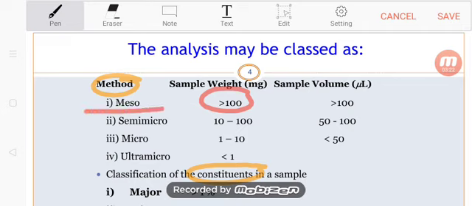For semi-micro, the weight is between 10 to 100 milligram, and the volume is between 50 to 100 microliter. Meanwhile, for micro, the weight is between 1 to 10 milligram. Ultra micro is less than 1 milligram.